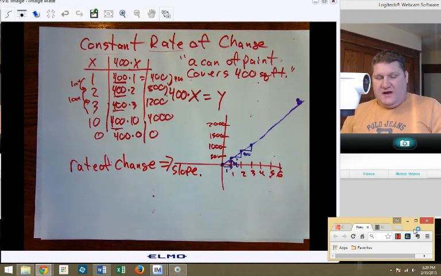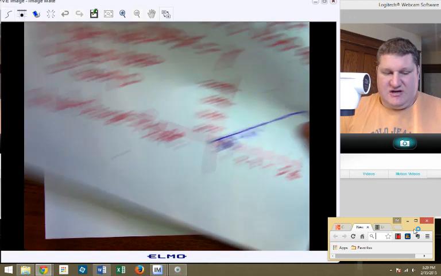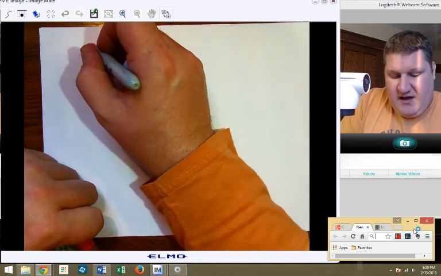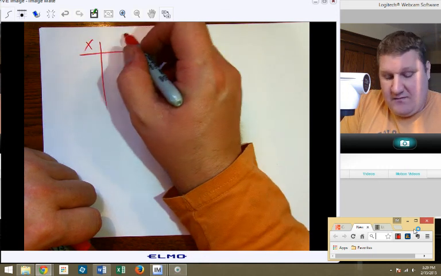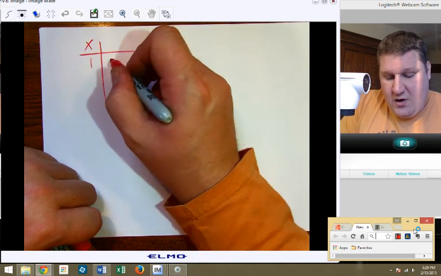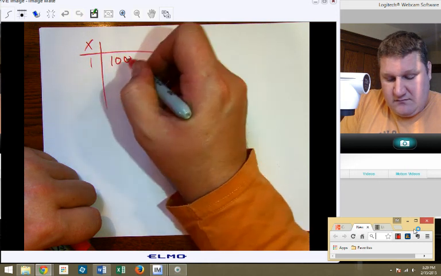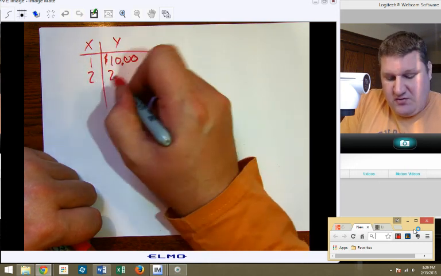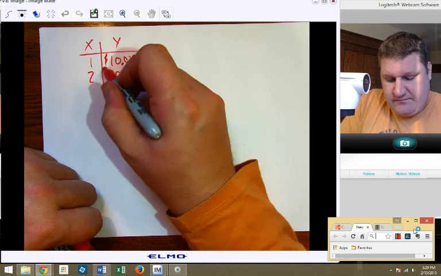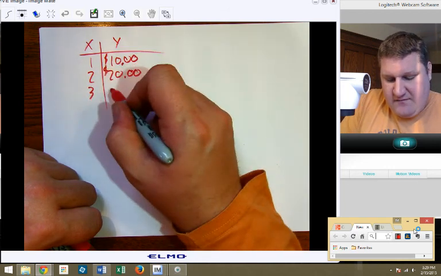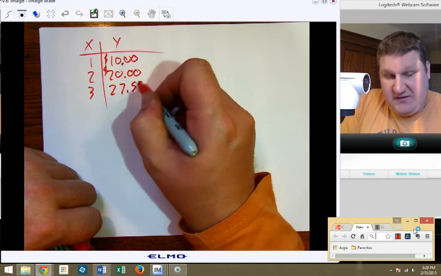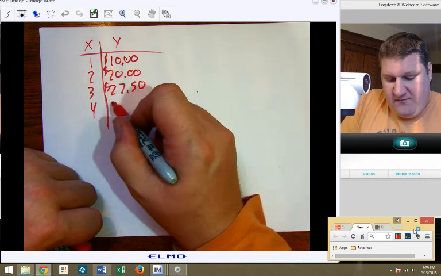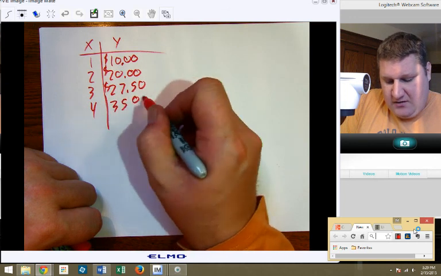So we need to know, is a rate changing constant? So let me give you an example. If I have something here, and this is a monetary example, 1 for $10, 2 for $20, 3 for $27.50, 4 for $35.